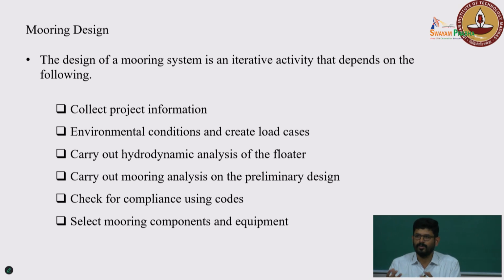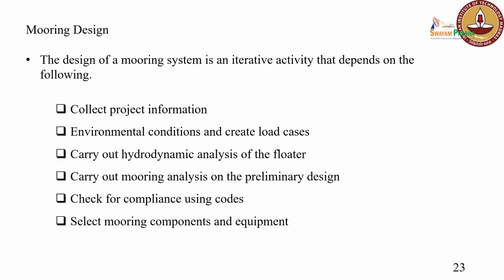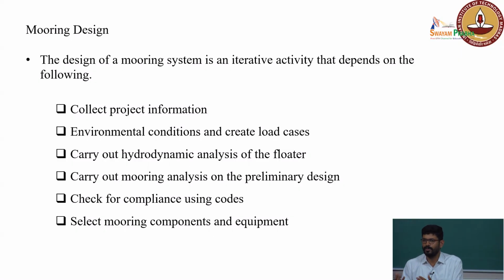Sometimes you will see a lot of empirical relations, 1.5, 3.5. If you ask where that number comes from, it is basically based on past experiences, correct? So it has been based on joint industry practices with the different companies, it will all evolve and it has been summarized, right? So it has to comply with the code. And selecting the mooring components and equipment, right?